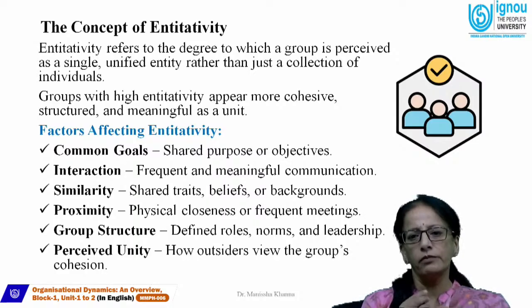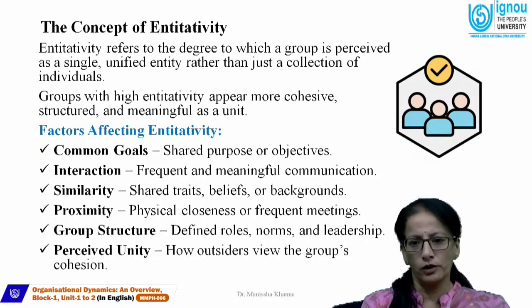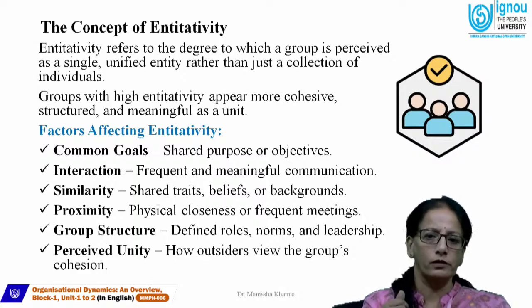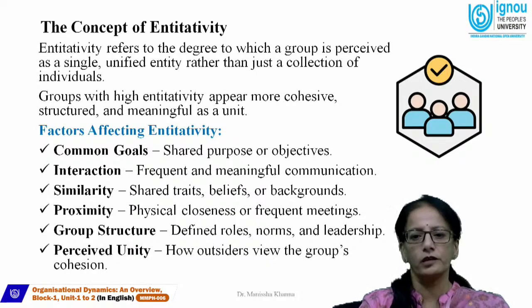So there can be a bit of absence of any of these things, where the beliefs or background, or even the communication, or how they communicate, whether they are able to have regular physical meetings or not.